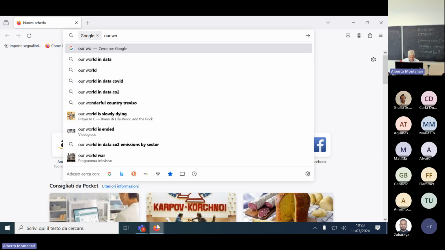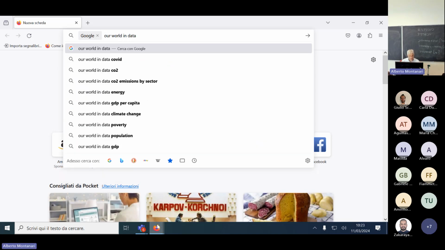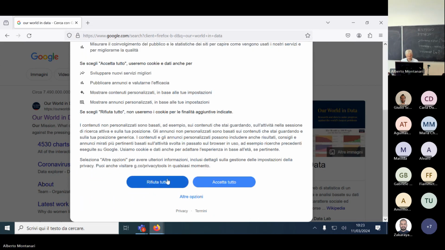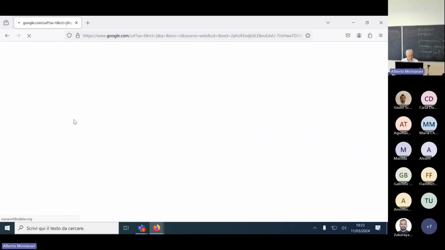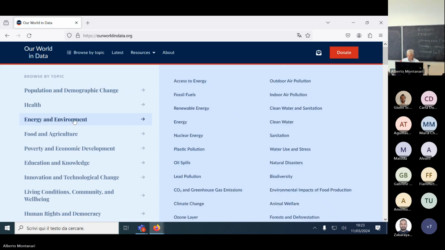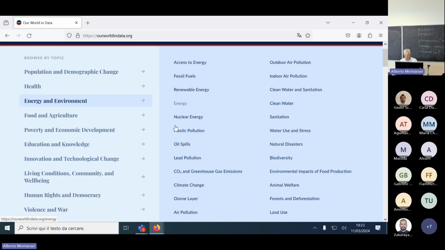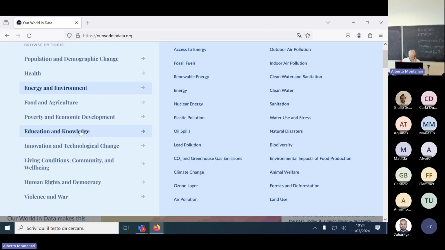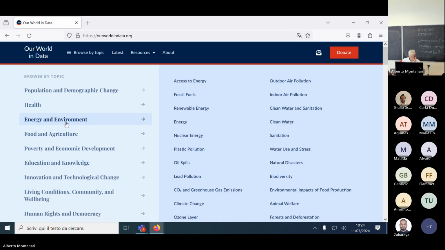Okay, Our World in Data. So Our World in Data basically is, here it is. You already know the website. We already browsed it, and there is a section on CO2 emissions. Let's see, energy and environment. It's not here. Just one second. Should be here. Let me see.